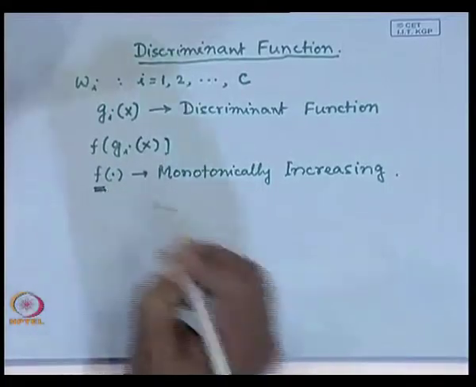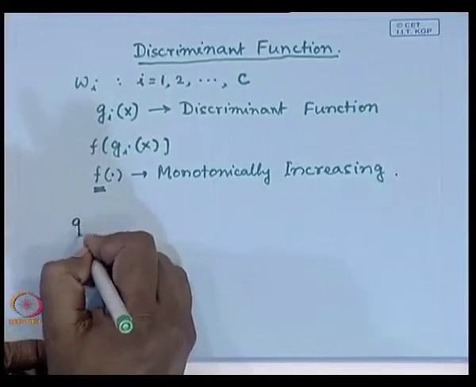Okay. Then why do we put this function f? It is only for convenience of application. In different applications, maybe g I x itself is not very convenient, but if I take a function of g I x, then that may be more convenient for our application.